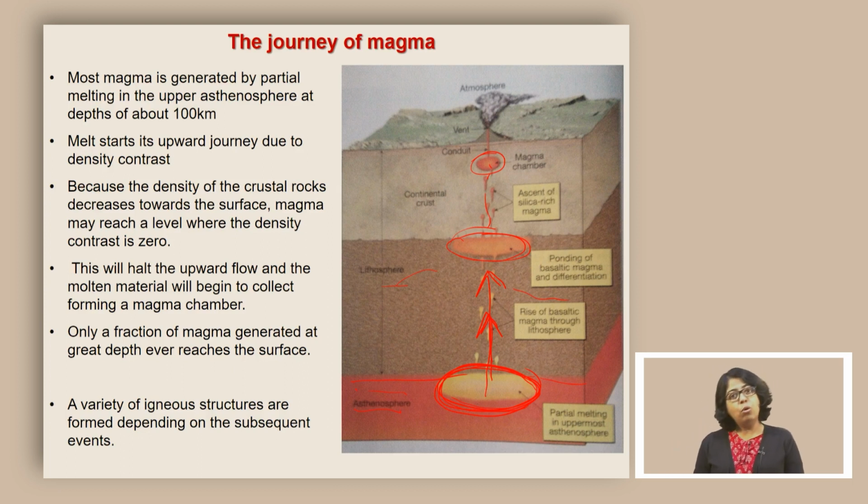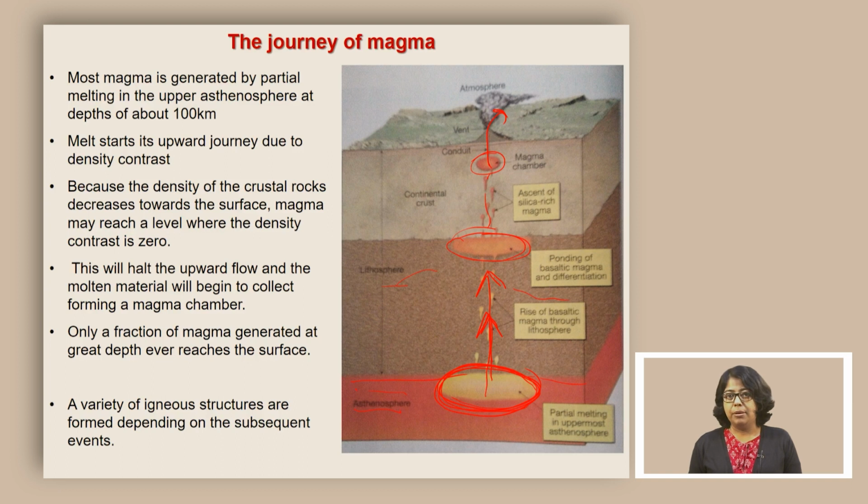Now, it can so happen that this magma chamber can freeze and eventually give rise to rocks underneath the surface. It could also happen that part of this magma chamber for certain reasons can come to the surface, and eventually we can see formation of igneous rocks because of this magma chamber activity on the surface.